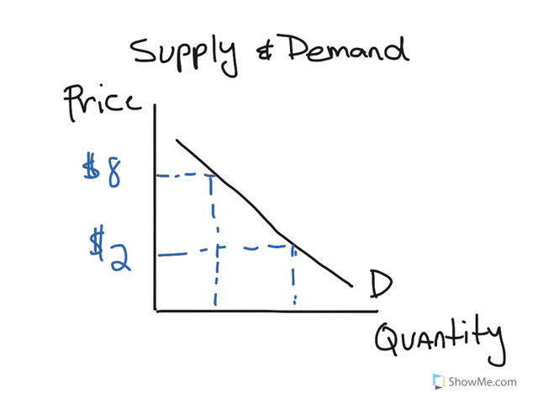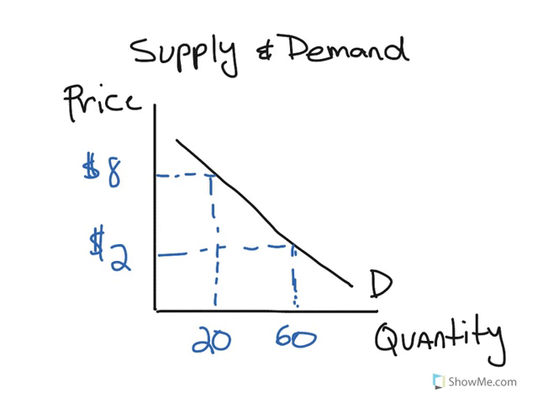In the case of $8, let's call this 20 will be demanded. And in the case of $2 of a price of a product or a commodity, if you move along the demand curve and then follow it down, let's say 60 units will be demanded.